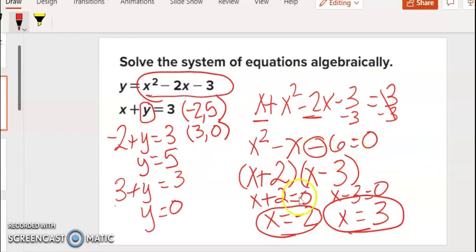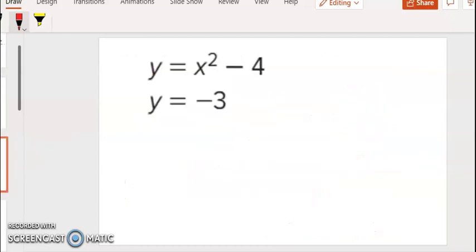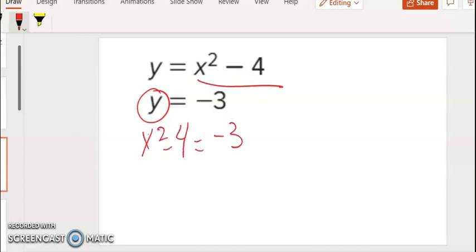Okay, so we're going to try it again. Notice these two equations say y equals both of them. So I could take this y out and plug that in. That would look like x squared minus 4 equals negative 3. Since I only have one x term, I'm going to move the 4 over.